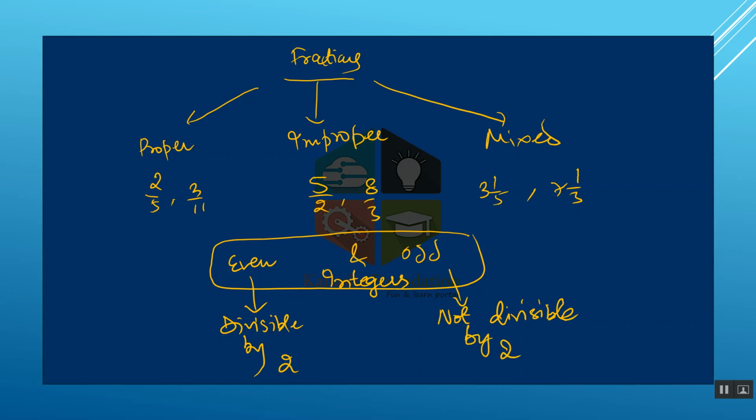A few students had confusions in the last batch. Sir, are negative numbers divisible by 2? Yes, minus 4 is divisible by 2. Minus sign doesn't affect divisibility. If 4 is divisible by 2, then minus 4 is also divisible by 2.